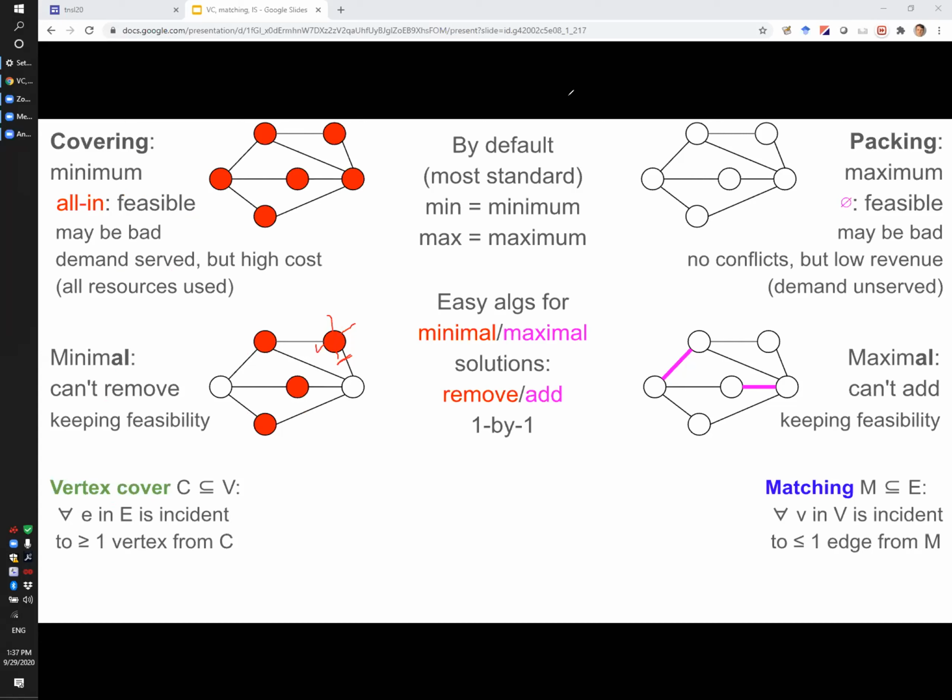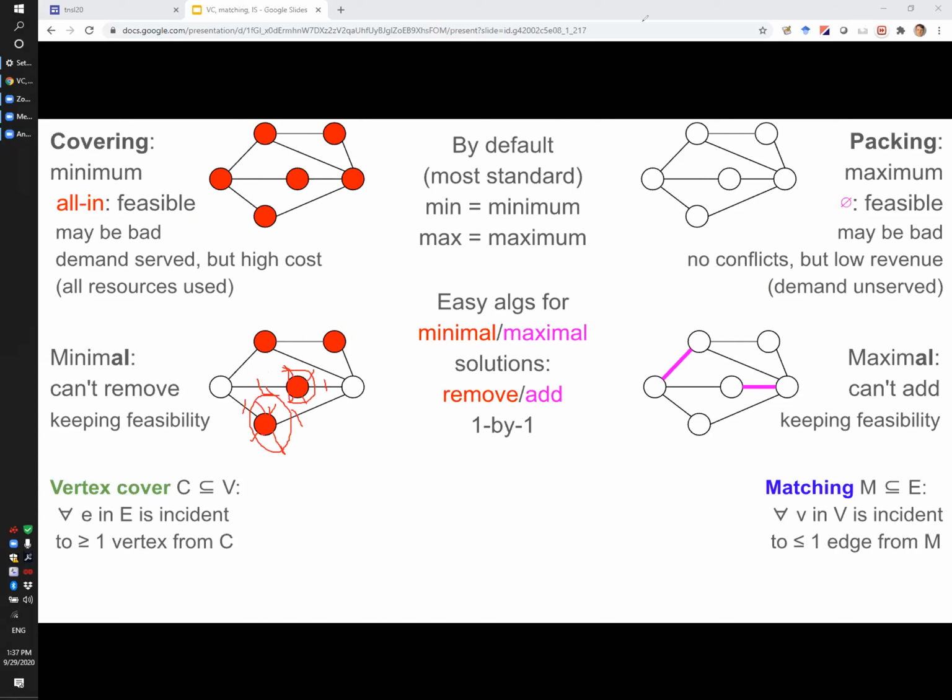So you cannot remove that vertex either. And so on. If you remove this vertex, these 2 edges both become uncovered. And the last one, if you remove this vertex, then these 2 edges become uncovered. So you cannot remove this vertex either.